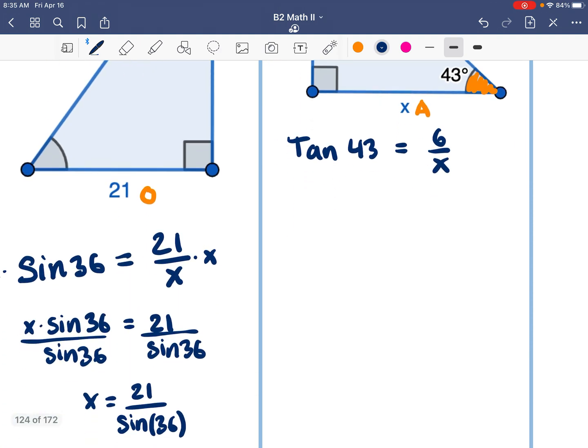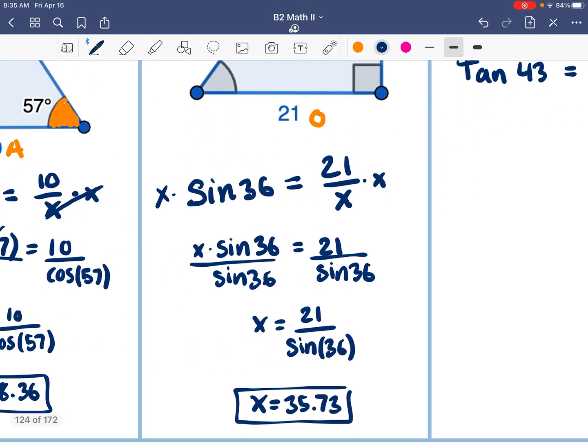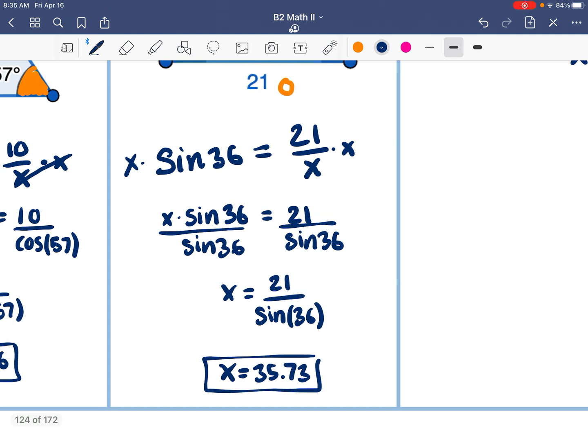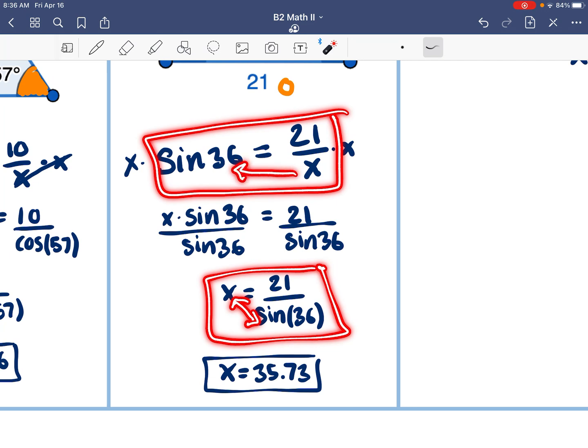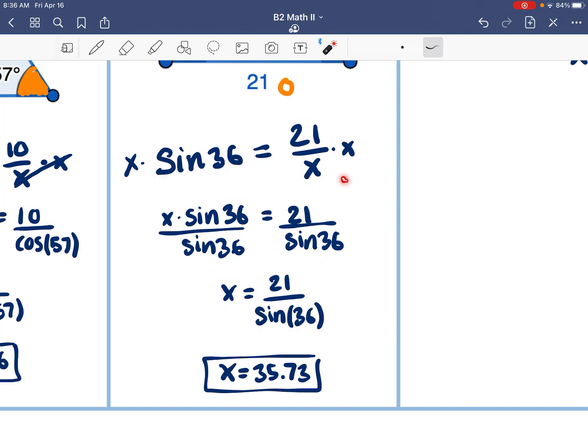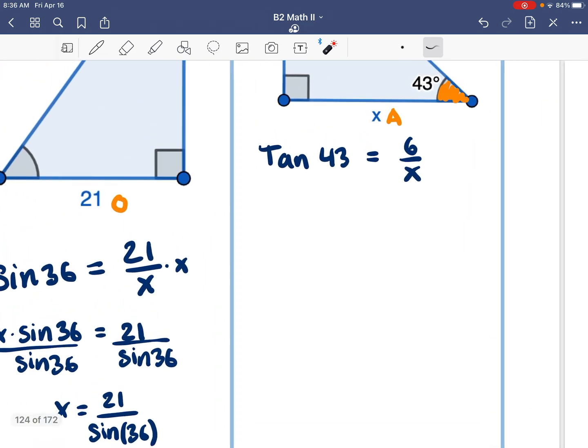So something that people notice here when we do this algebra, when we're switching from this original statement to this, what happened here is we switched the x and the tangent of 43. We took a couple of algebra steps to do that, but we just switched them. So some people like to skip through this algebra because they know what's going to happen, which I'm okay with.